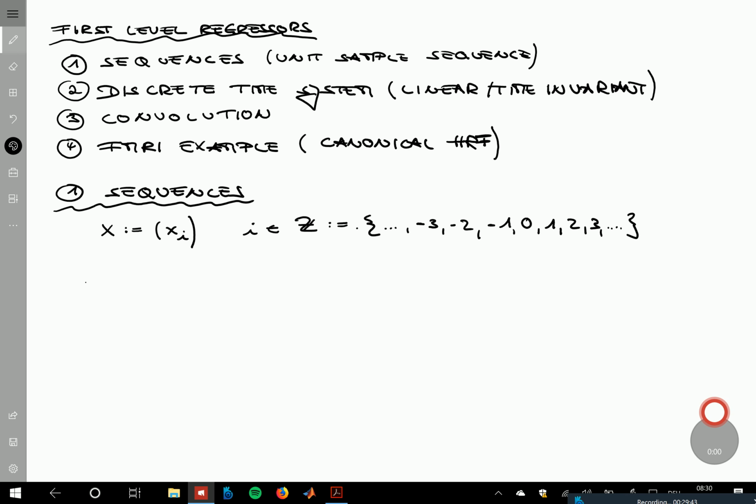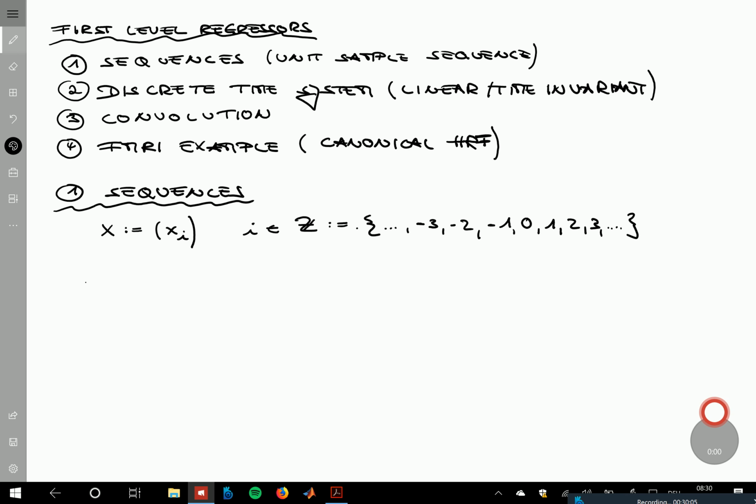If one wants to be mathematically a bit more precise, one can actually define sequences of functions that map integers onto real numbers. Then one has a function definition of sequences, but it doesn't really help us much. So for us, currently it's fine to just think of a sequence as an ordered set of numbers.